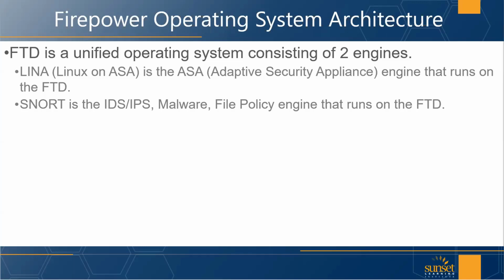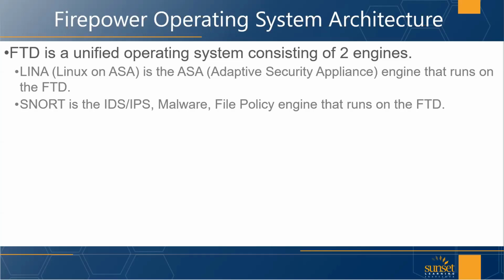That is basically your ASA commands that have been ported over to a Linux box. And then that engine runs on the FTD. That is handling things such as my clustering, my high availability, my VPN, my routing, all the functions you would have in the ASA. When I say VPN, I mean as my VPN concentrator or terminator. Also, the Lina plane is my first point of inspection for traffic that comes in. We're going to show you that in a second.